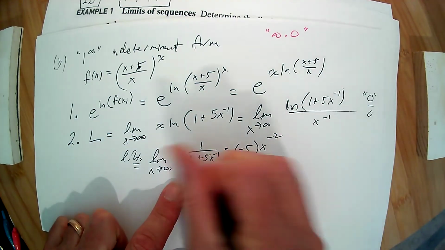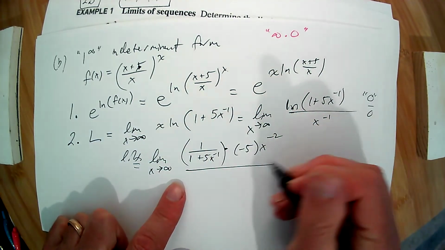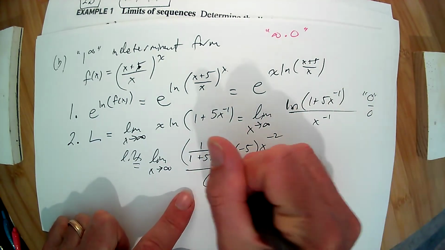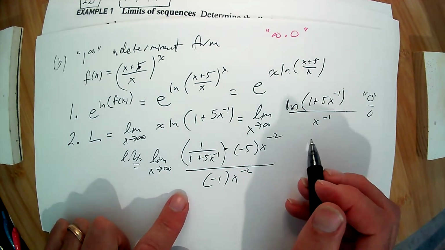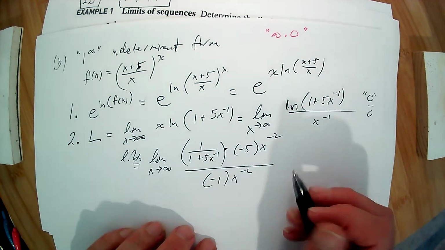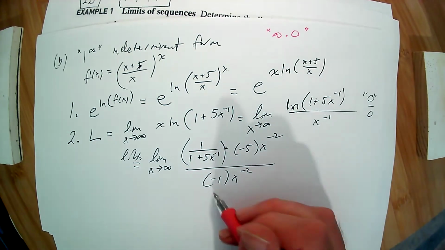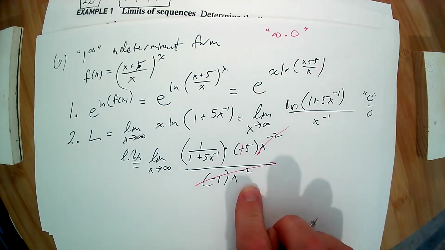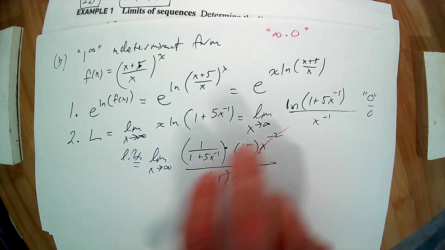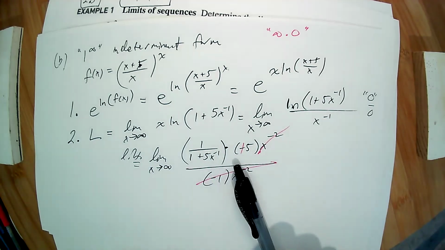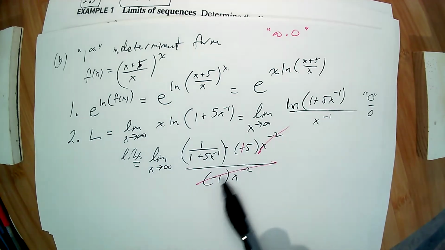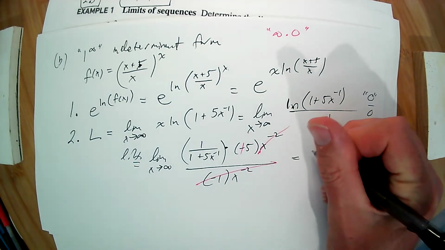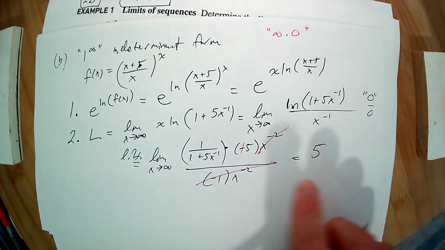On the bottom, the derivative is what? Well, you're going to have a minus 1 times x to the minus 2. So what ends up happening here is you get cancellation. The minus sign cancels, and the x to the minus 2's cancel, all right? And now you can just take the limit using limit laws. It's a positive 5 now because the minus canceled that off, and you have 1 times 5. The answer is just 5, okay?